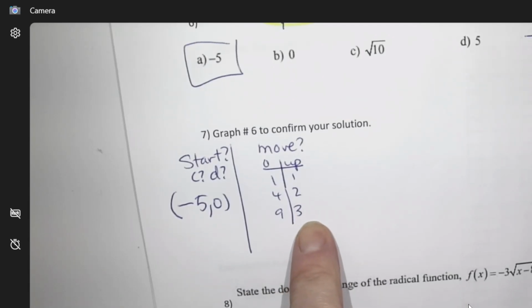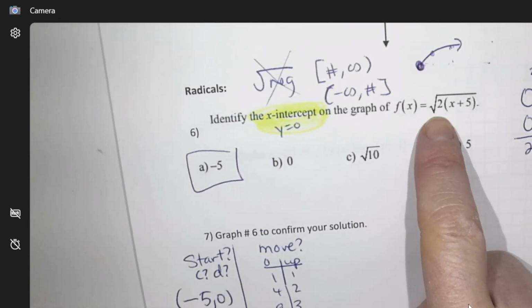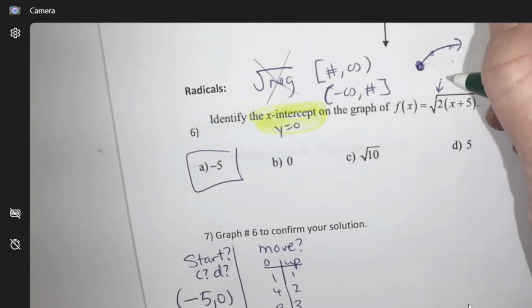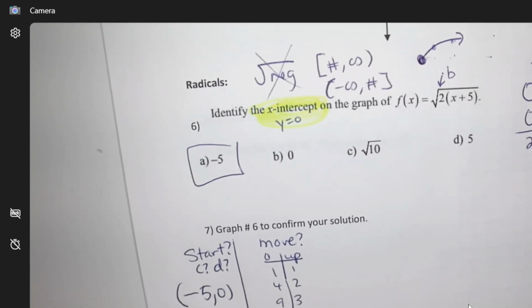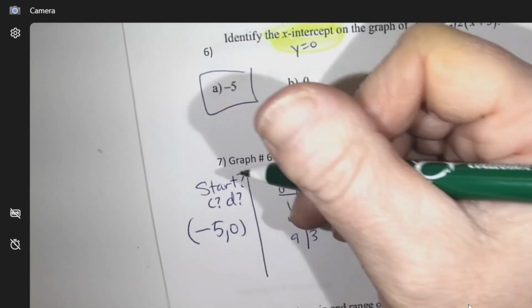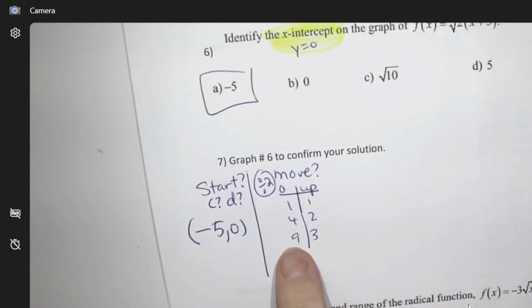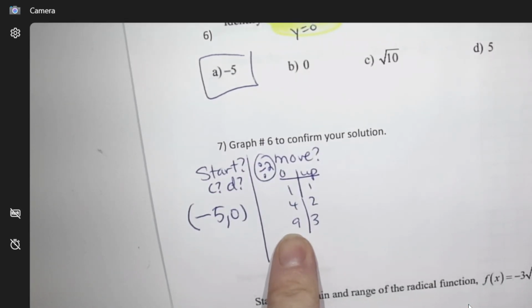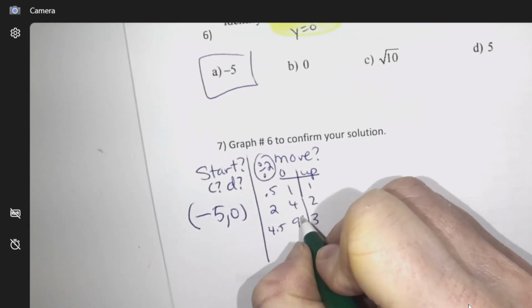And here's my movement, 1, 1, 4, 2, 9, 3. Is there anything that's going to change my movement? Now I'm looking for A's and B's. This is a B. What do you do with B values? Divide X. So I have to divide the over side by 2. So a half, a 2, and a 4.5.